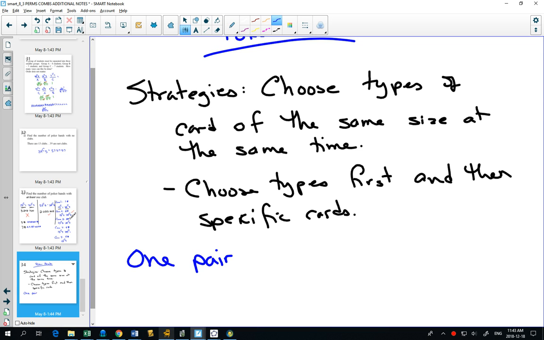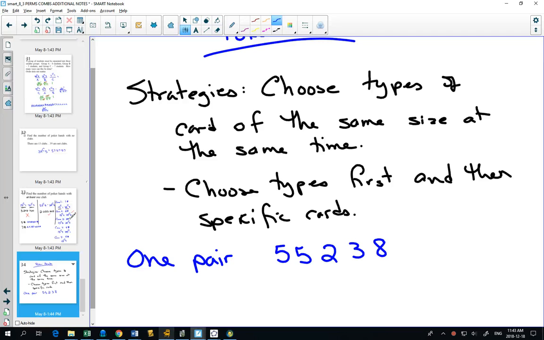How many hands have one pair? An example of a poker hand has 5 cards with one pair, would be, say you get 2 5s and the other 3 cards are different. So 2 5s, a 2, a 3, and an 8 would be an example of a pair.